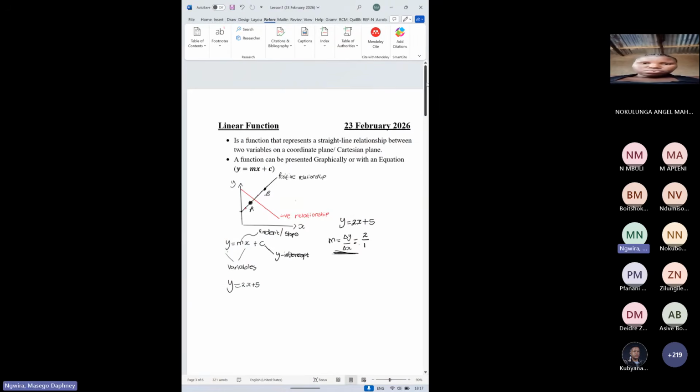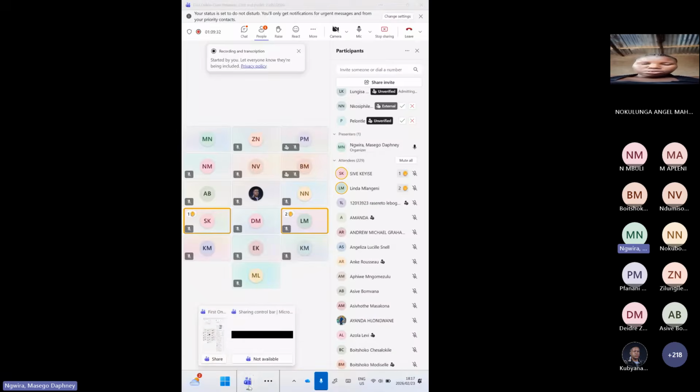Okay, my screen is okay. Something wrong with my Word.